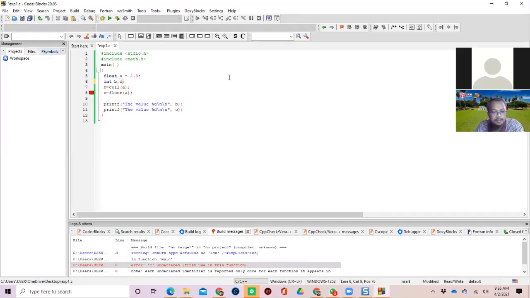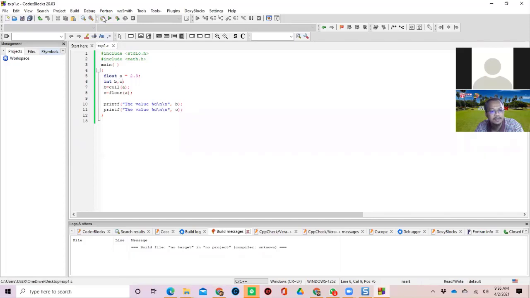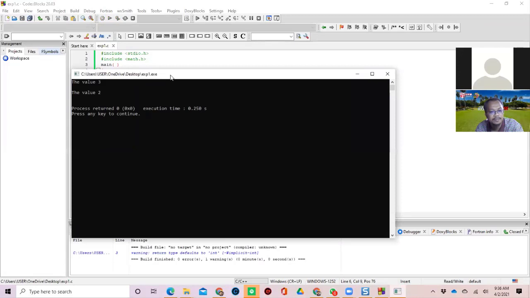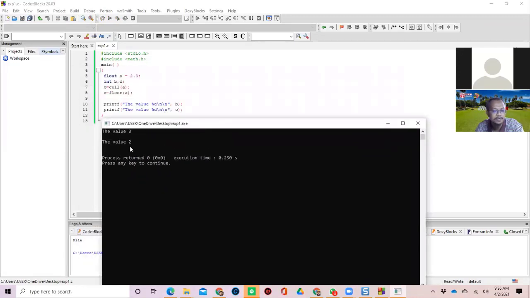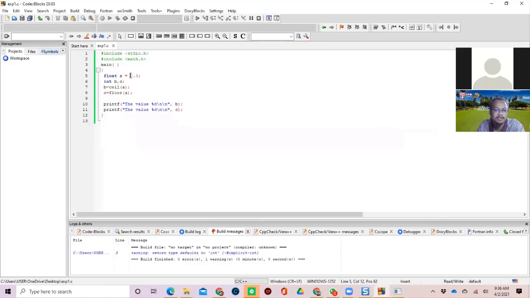C. Okay. So floor A, the value is 2. That is what we discussed earlier: 3 and 2.